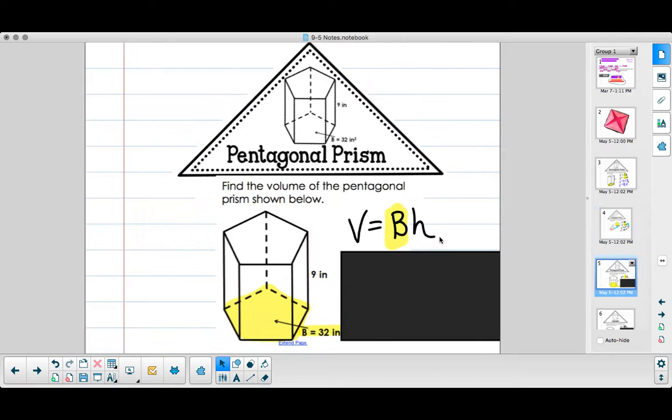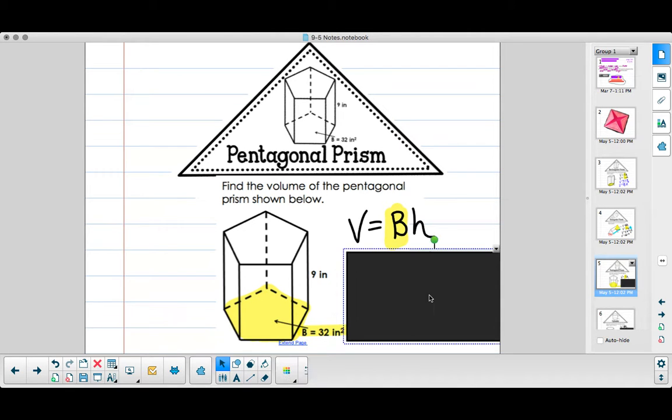Our next example is a pentagonal prism. We have not spoken about the area of a pentagon. However, if you notice here, it actually says that capital B is equal to 32 inches squared. If they give you capital B, that means they already found the area. They're telling you the area of the pentagon.